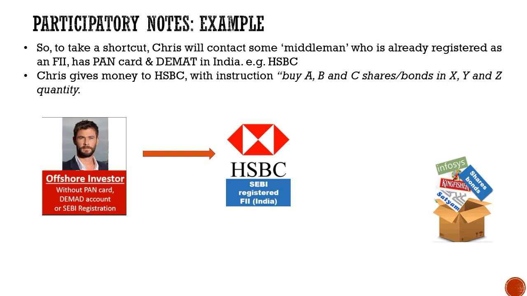It is registered in India, it has a PAN card and demat account in India. Chris will now give money to HSBC with the instructions to buy A, B and C shares or bonds XYZ in whatever quantity he wants. So now these shares will be bought by HSBC and that will be the FII's portfolio.